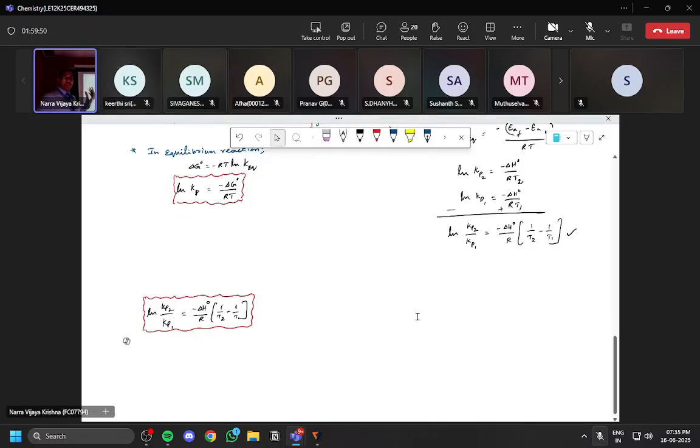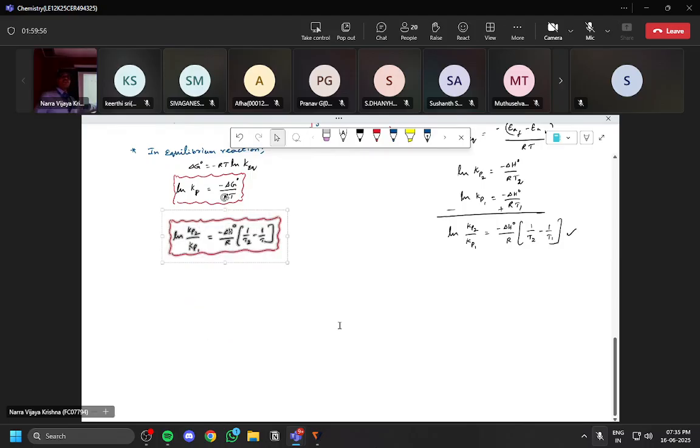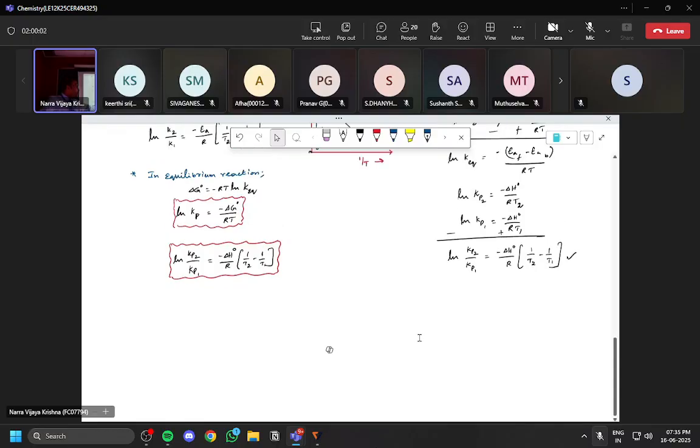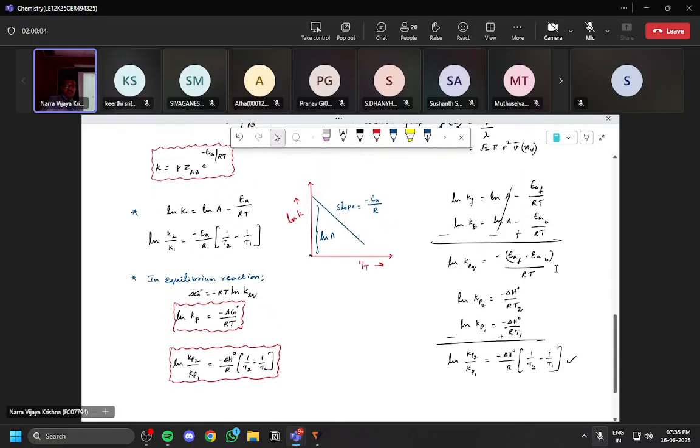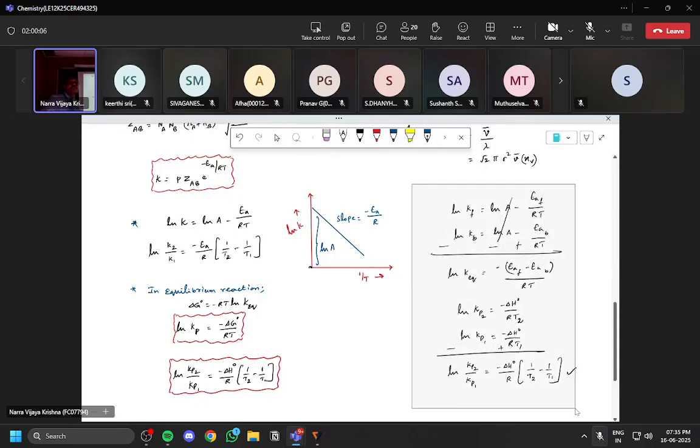Is it clear? What we call this equation as the Clausius-Clapeyron equation. This equation is called the Clausius-Clapeyron equation. Clear, sir? Any questions in it? Are you able to understand what error is there in this equation? Clear, right?